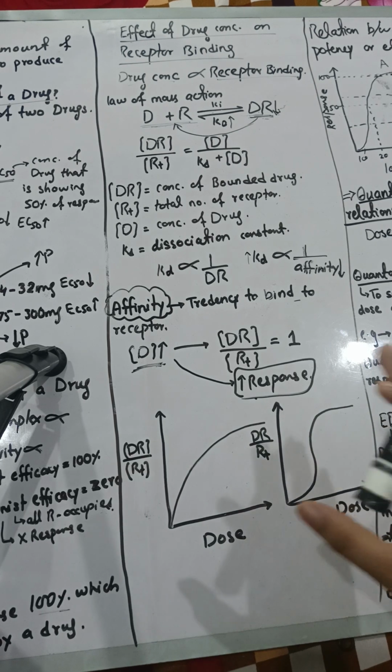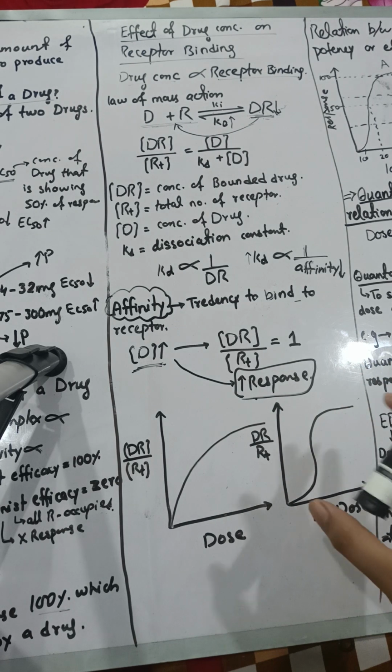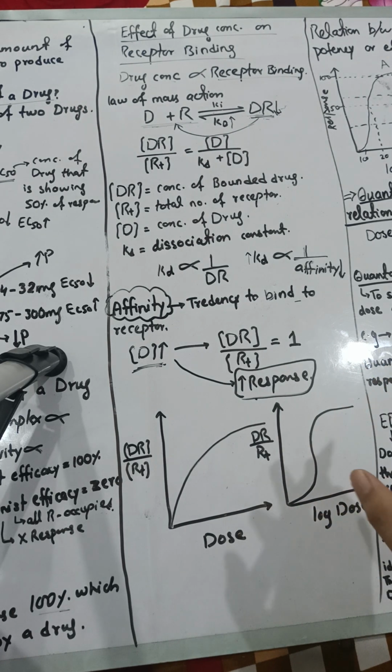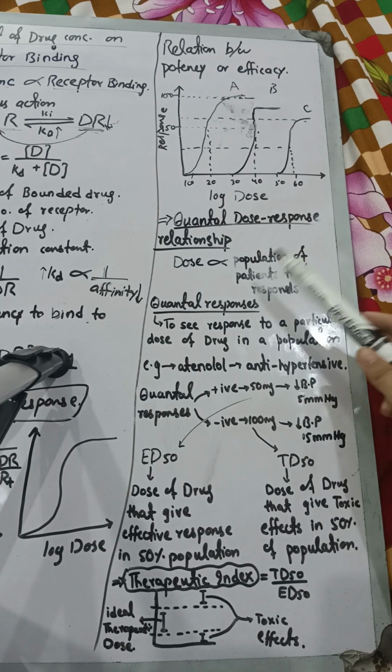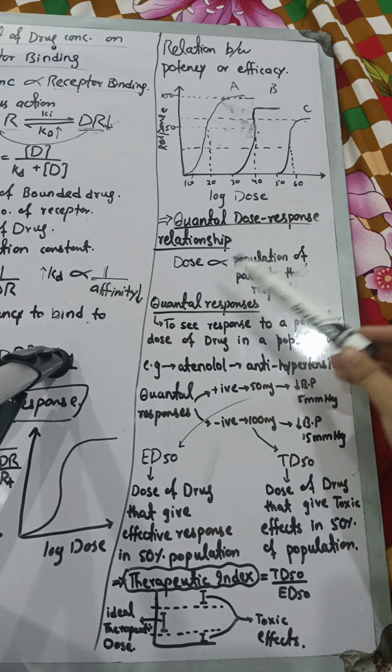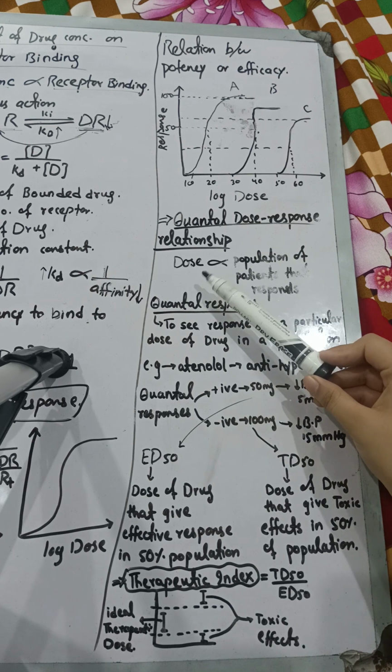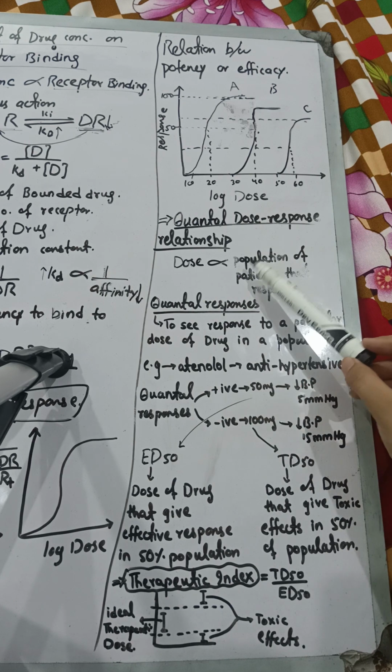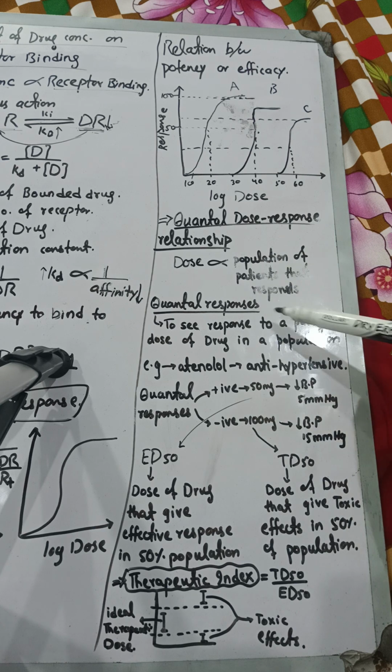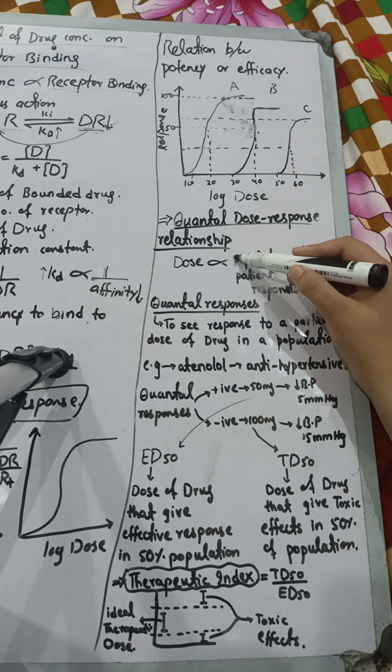Now this was all about the graded dose-response relationship. Now we are moving toward the quantal dose relationship. Here I have written the quantal dose relationship. This relationship is between the dose of your drug and the population of patients that respond to that drug.